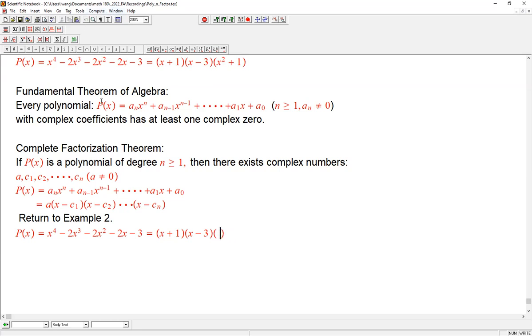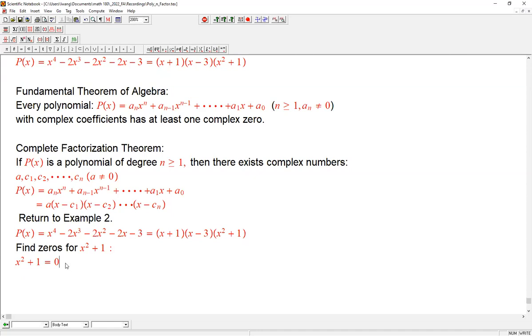Sorry. So I'm going to return to x squared plus 1. What we're going to do is take this part and find the zeros for x squared plus 1.